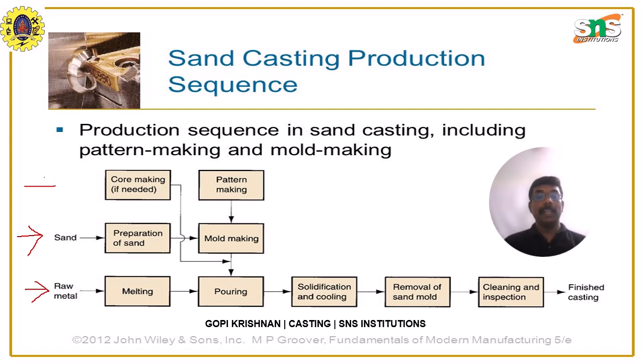Also, there is going to be another process which is called the core making process. The core making process is very similar to the sand molding process. The clear distinction between sand molding and core making is that the core is used to make the holes or the provisions at the center of the casting product.